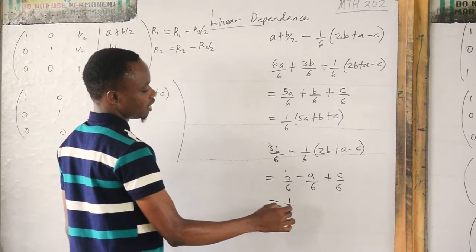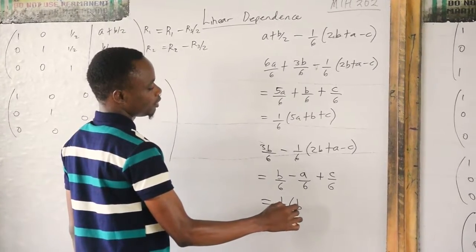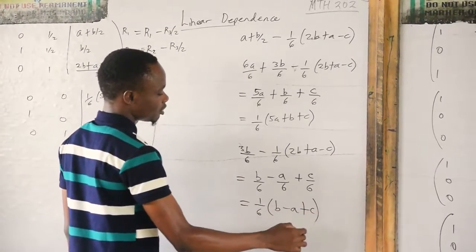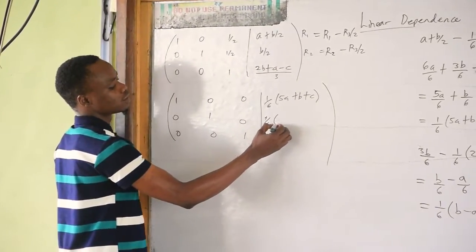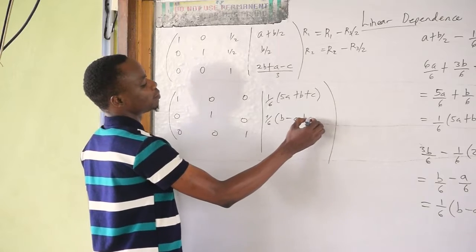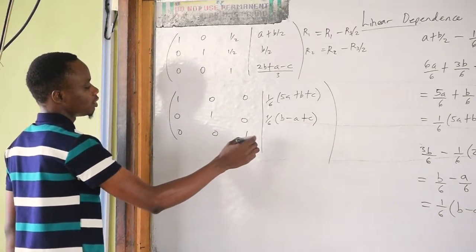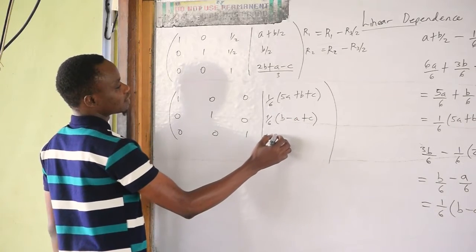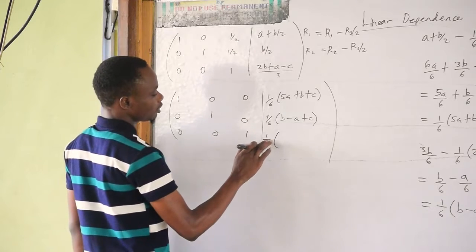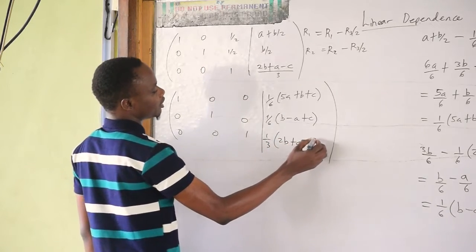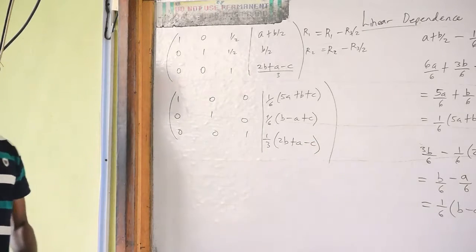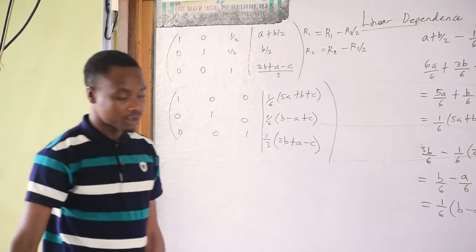This will be 1 over 6 into (B minus A plus C). And for the third, it is 1 over 3 into (B plus A minus C). That's that. You can write out the result now.